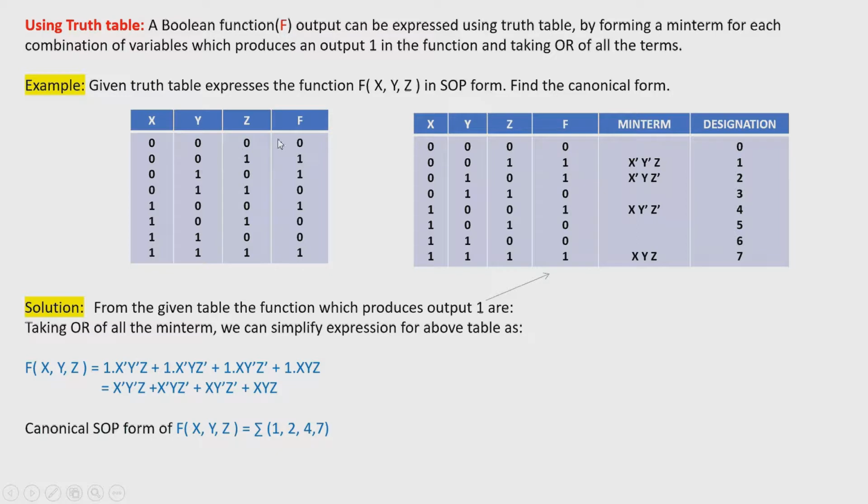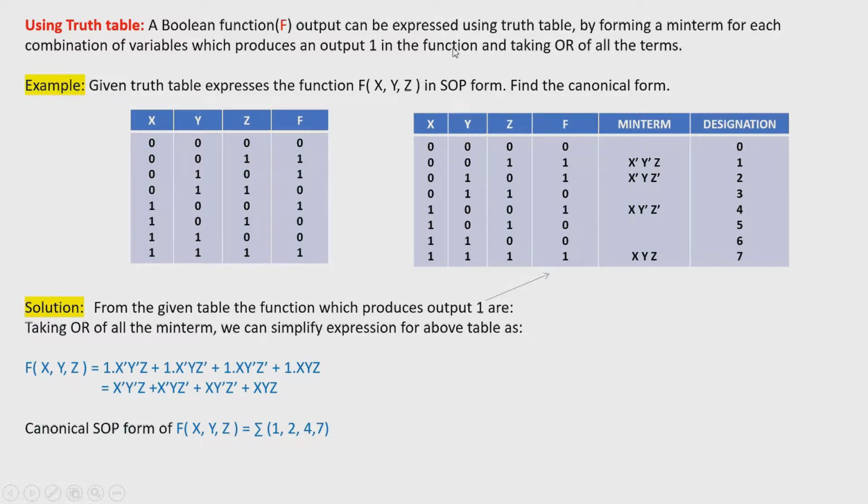Right, so here the function output, wherever there is 1, you take the minterm of that. Right, so here as it says, by forming a minterm for each combination of variables which produce an output 1 in the function. So wherever the output of the function is 1, you form the minterm of that, that is this minterm.